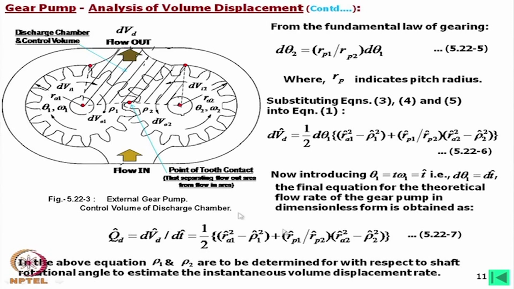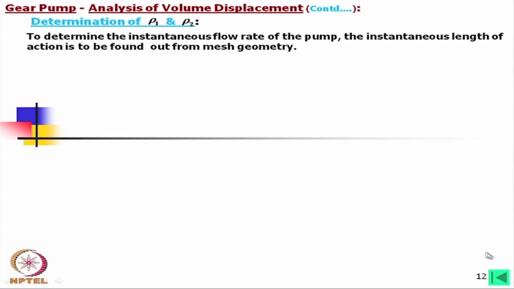Now, in this equation, what we find is that at any instant, this is a fixed parameter, this is also a fixed parameter. Once we know the center distance, these two are also fixed parameters. Only with time, rho 1 and rho 2 are varying. So, we have to calculate these two parameters. Once we can calculate them, we can easily calculate the volume displacement. To determine the instantaneous flow rate of the pump, the instantaneous length of action is to be found out from the mesh geometry.